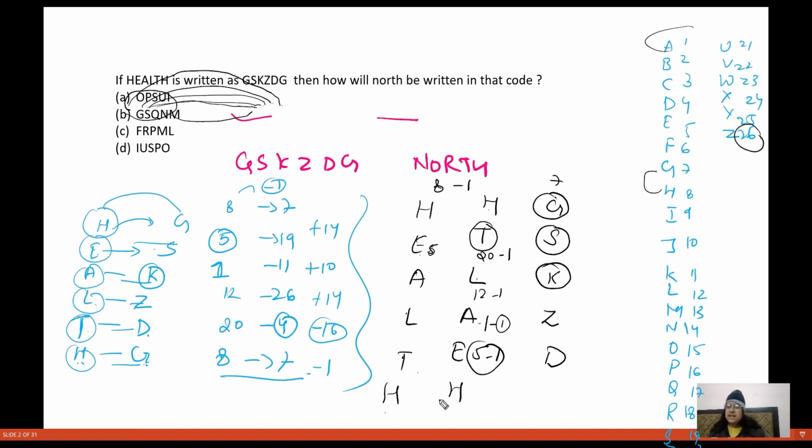It will become D. And H is again 8, and 8 minus 1 is 7. So we get G here.